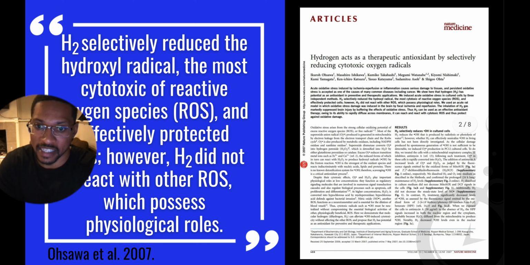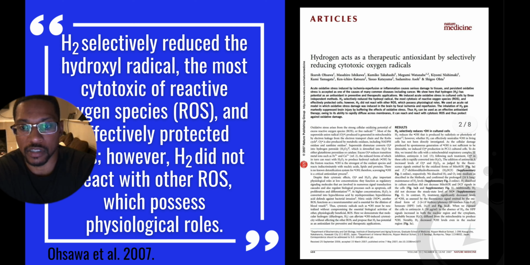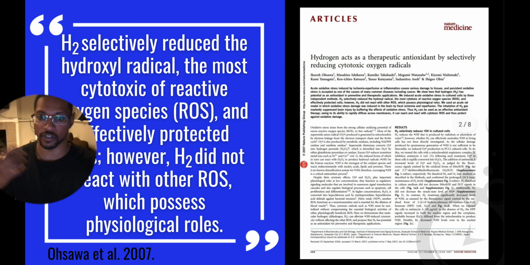It says hydrogen acts as a therapeutic antioxidant by selectively reducing cytotoxic oxygen radicals. And cytotoxic just basically means, if you don't know what that means, cell damaging. So here's what the quote says: H2 selectively reduces the hydroxyl radical, the most cytotoxic of reactive oxygen species, ROS, and effectively protected cells.